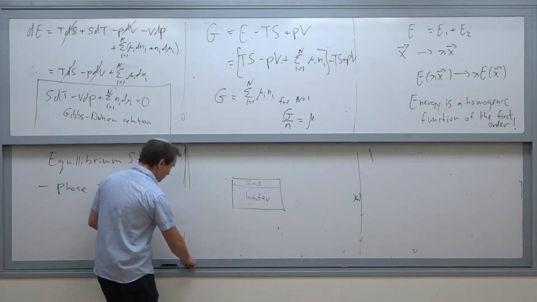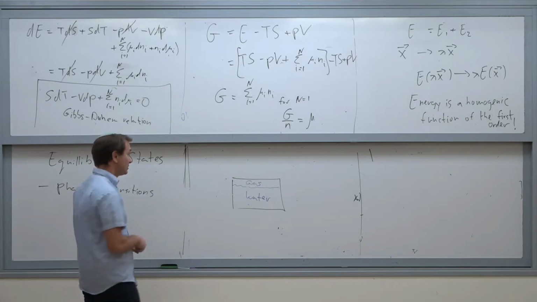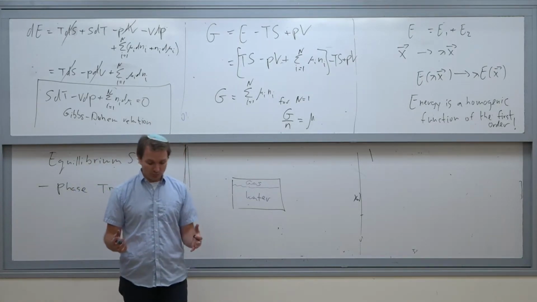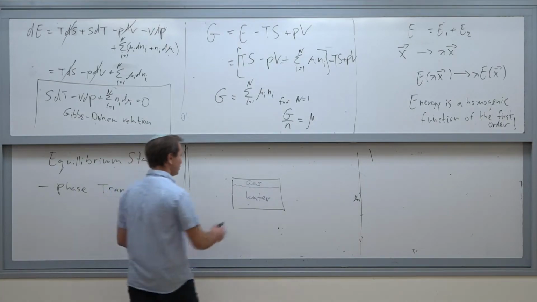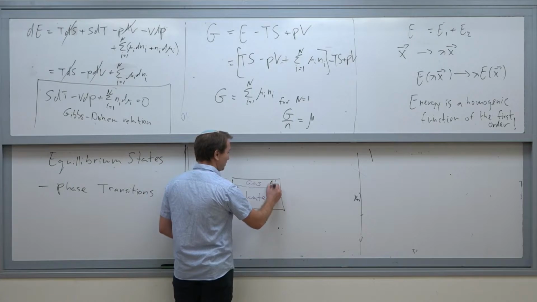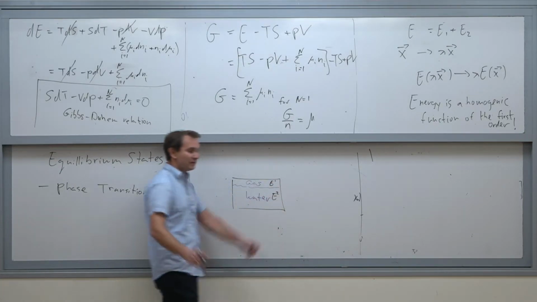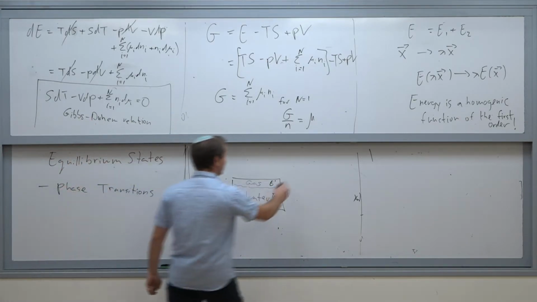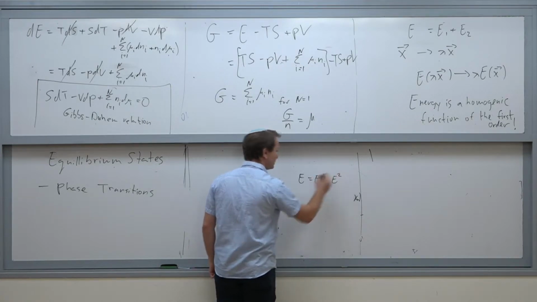The thing is, when I'm describing a system that has several phases at once, I'm assuming that the energy of the whole system can be described by the energy of one phase plus the energy of the second phase. It's like I had two systems in the previous lecture, and I said the total energy is always E1 plus E2.